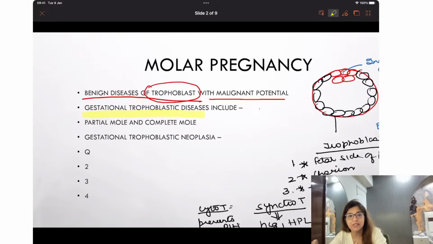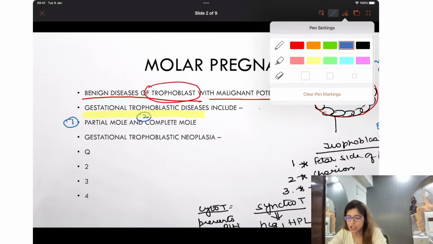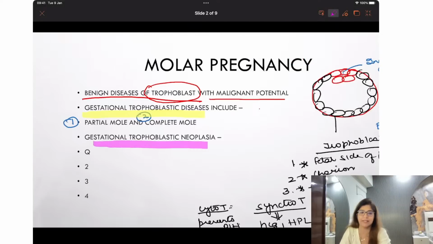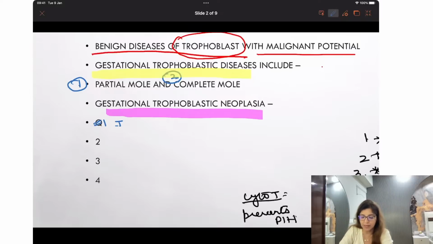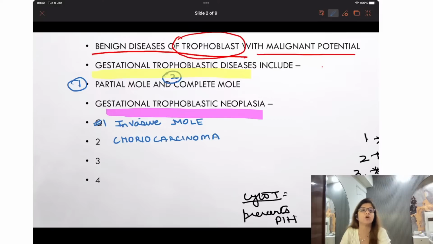Now, molar pregnancy comes under gestational trophoblastic diseases. Gestational trophoblastic diseases include two conditions: one is partial mole and the other is complete mole, right? And gestational trophoblastic neoplasias include 4 conditions. What are they? Number 1, invasive mole. Choriocarcinoma.